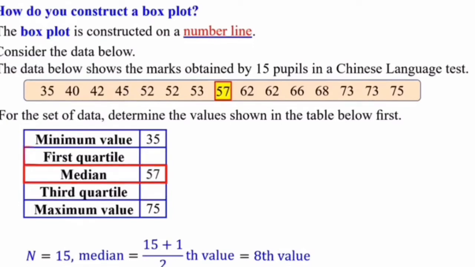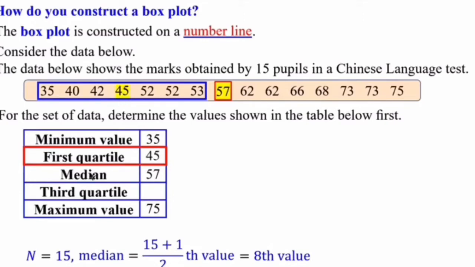After we find the median, we will find the data standing at the center to the left of the median, which is our first quartile. Looking at the blue box, all the data to the left of the median, we choose the data at the middle, which is 45.